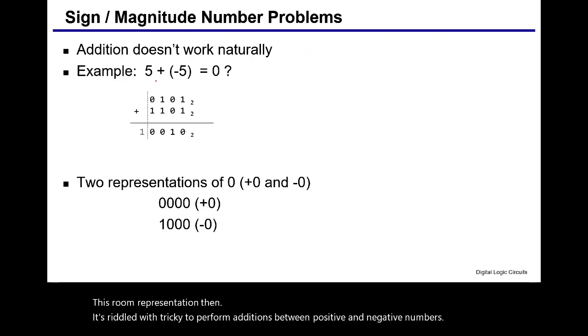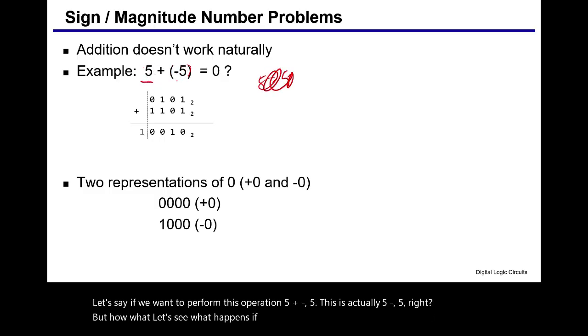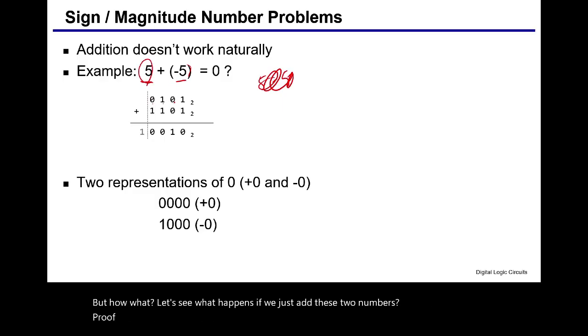Let's say we want to perform this operation, 5 plus minus 5. This is actually 5 minus 5, right? But let's see what happens if we just add these two numbers. Plus 5 is 0101, and minus 5 is 1101, right?